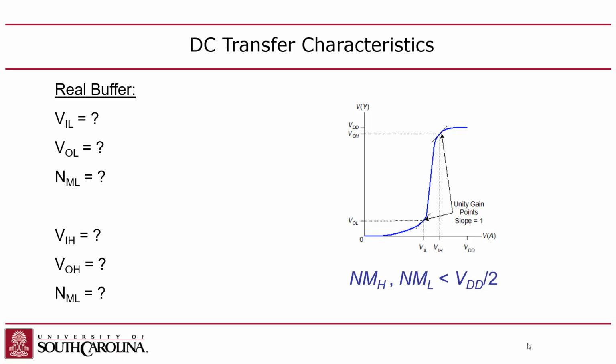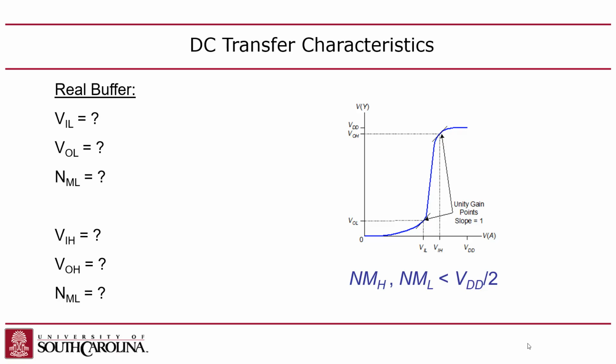So you can see where this is going: I can be much higher on the input than my lowest output voltage for a 0. And then the same thing happens at the top. As I continue to increase the input voltage, there'll be another unity gain point at the input VIH.